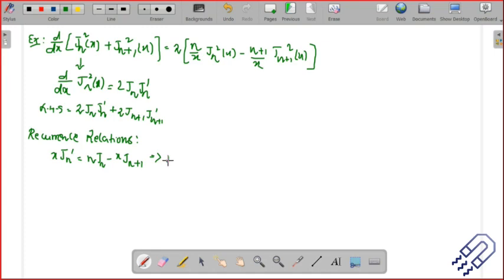So that means this Jn dash is equal to n divided by x Jn minus, divide throughout by x, x by x is 1, so J of n plus 1. This is one, and we do have the other relation.